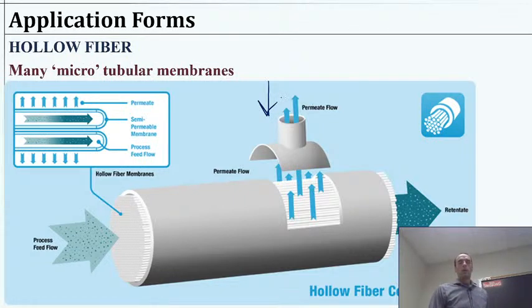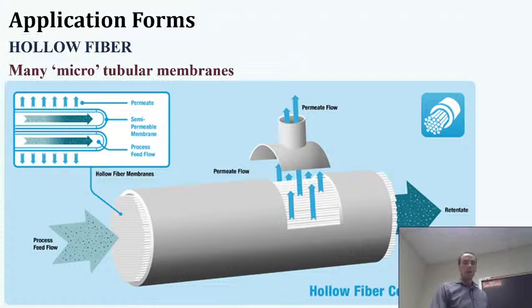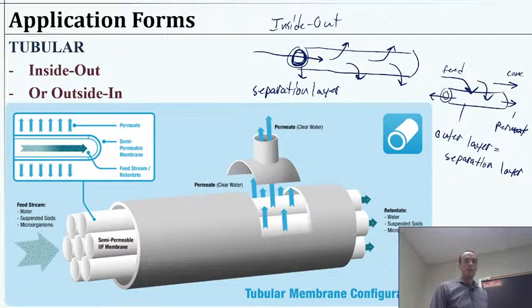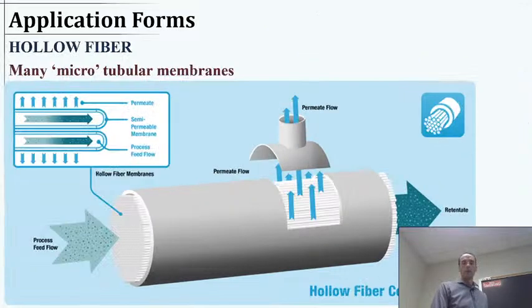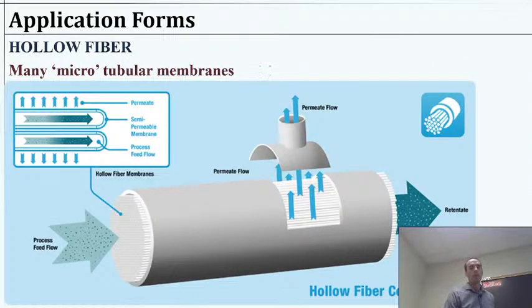So all of the same things that applied here, how you can apply the water, how you can get the water, the direction of flow, inside out, outside in, all of that applies to hollow fiber membranes. These will all be the same principles. You just get a much higher surface area, right? So that's something we can notice here.